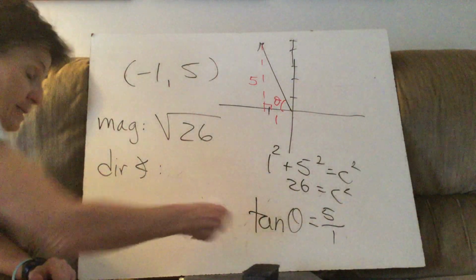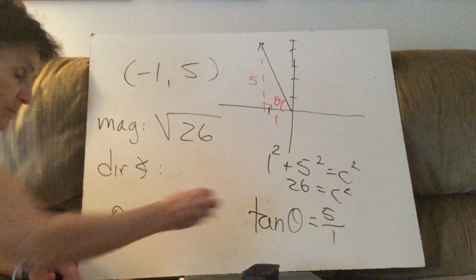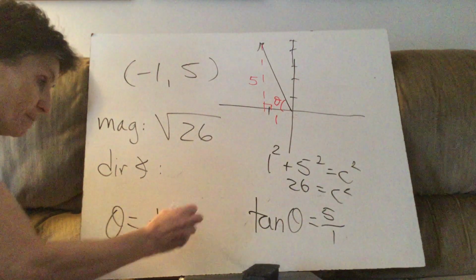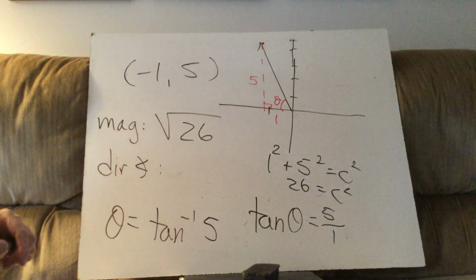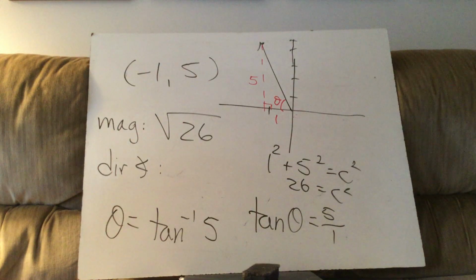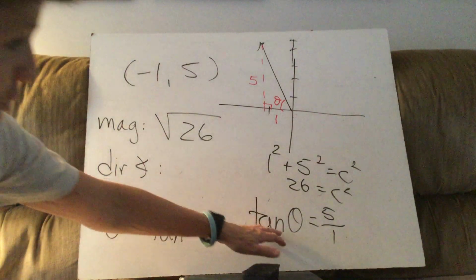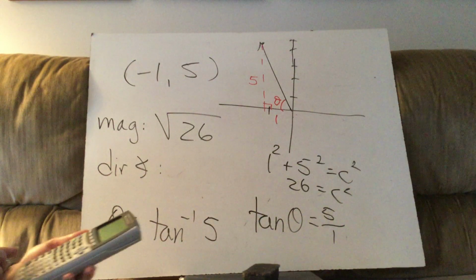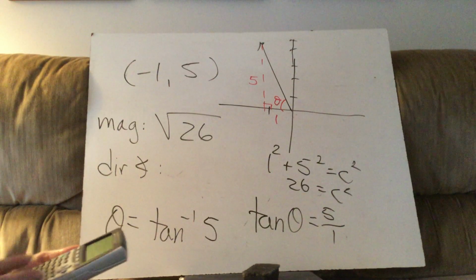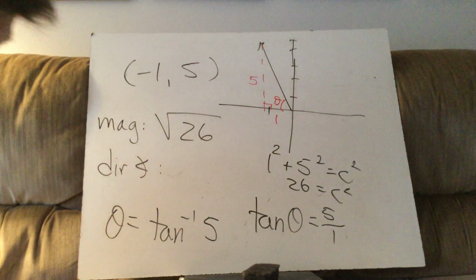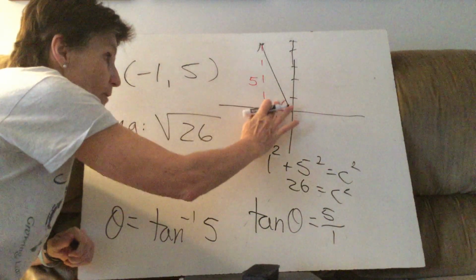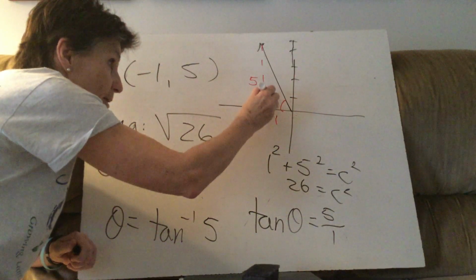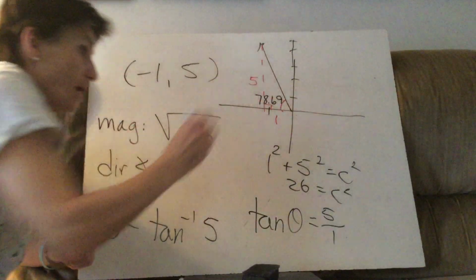So how are we going to type that in our calculator? Second tangent. Now, 5 over 1 is just 5, so I'm just going to say 5. But you can do 5 over 1 if you want to. It doesn't matter. So second tangent 5. So I'm going to type that in. And it's 78.69. So this angle right here is 78.69.